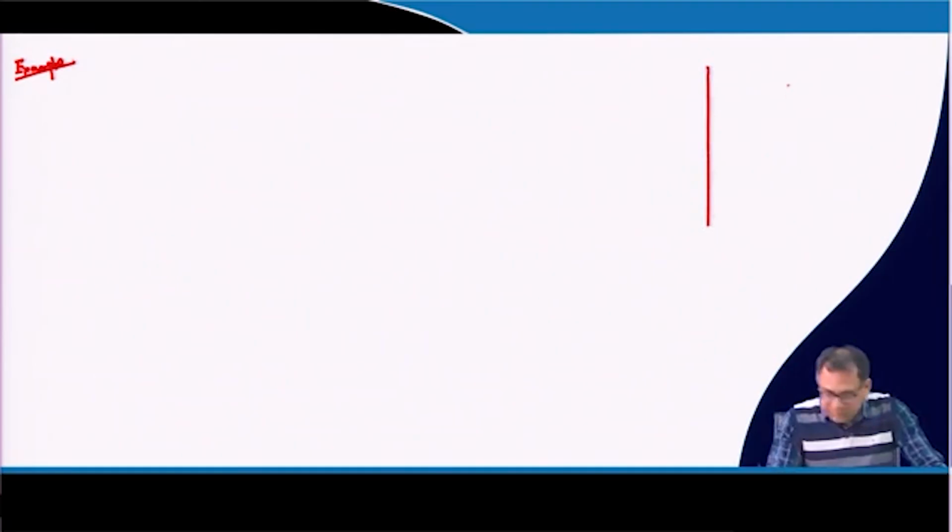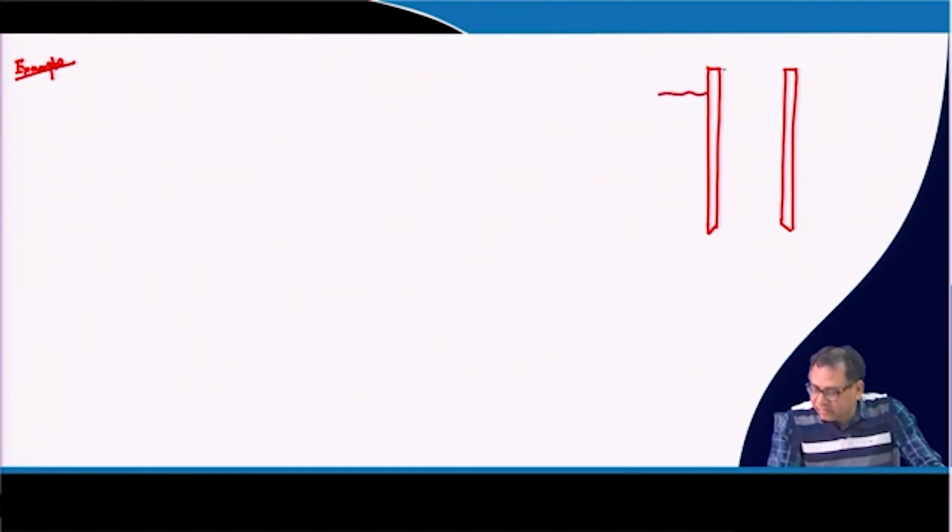So, this is a particular well which has a circular cross section. This is the HFL.